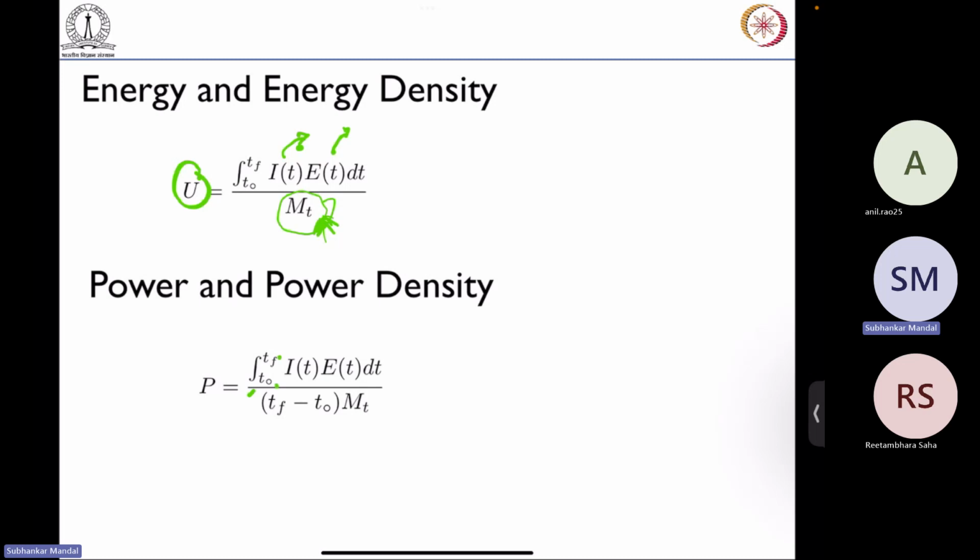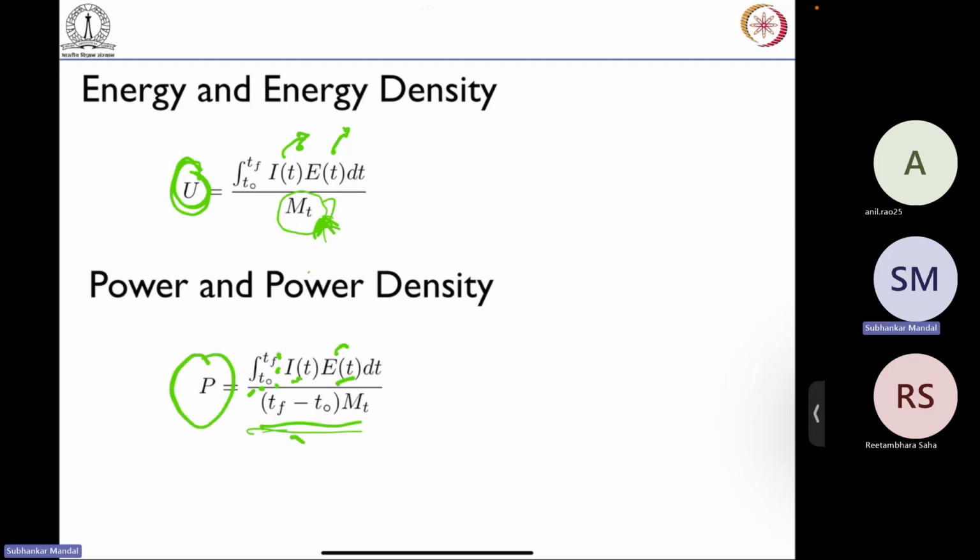Here t0 is the initial time and t is the final time, and you multiply I dt and the potential or voltage of the battery, divided by your mass. How you are getting the energy with time is called the power.